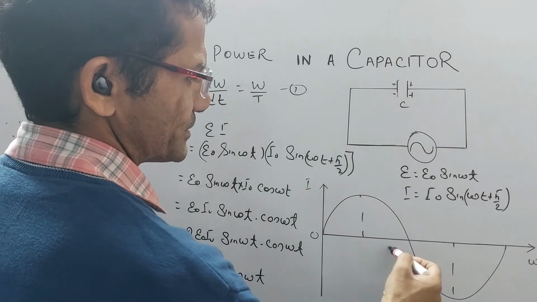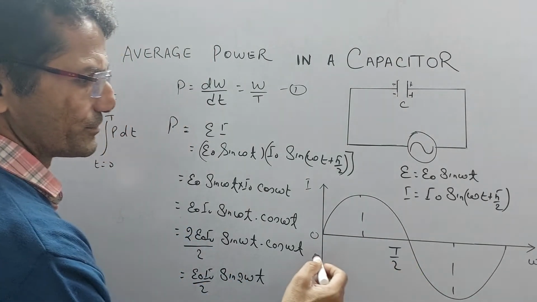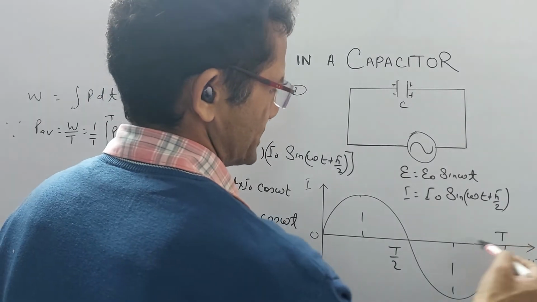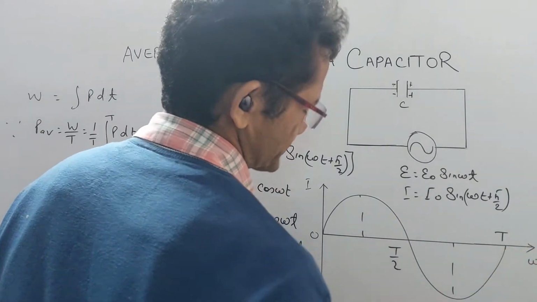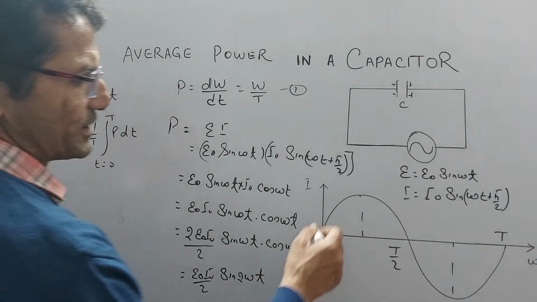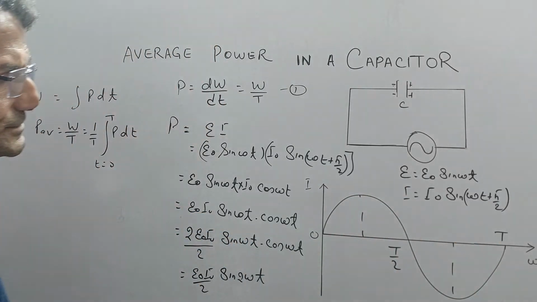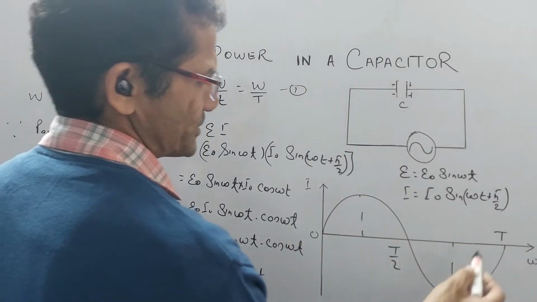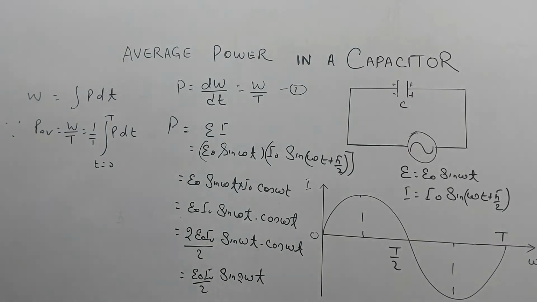From here to here the time period will be T by 2 and next it will be T. So the time taken in one complete cycle of this current or AC voltage will be capital T.